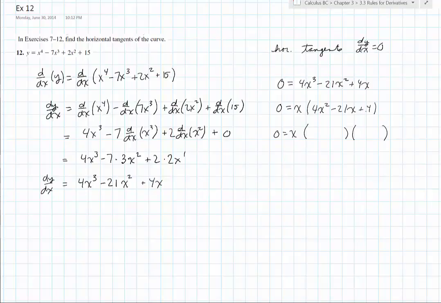4 times 4 is 16. I don't think I'm going to get up to 21 anytime soon, so I'm not going to try factoring.